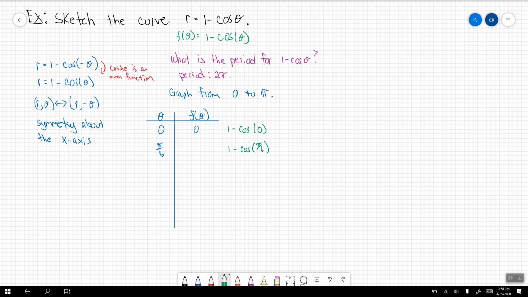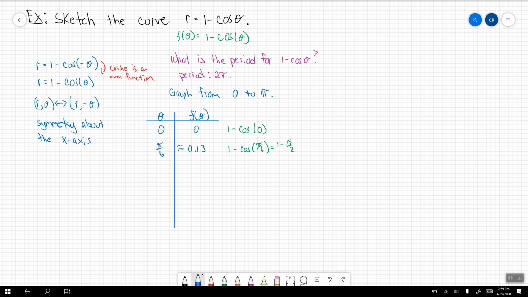So this is going to be 1 minus root 3 over 2. This should get me an approximation of 0.13.